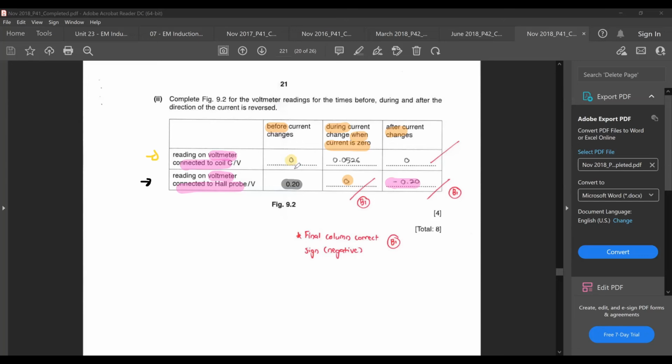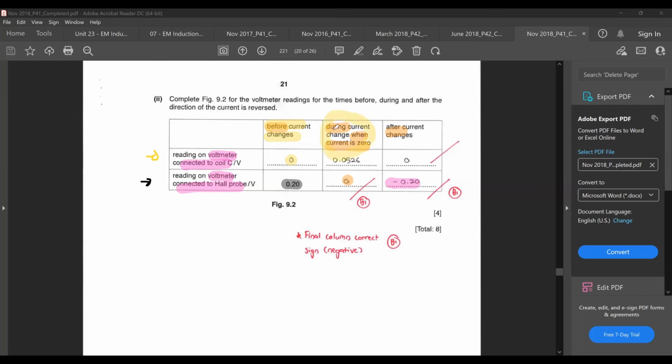EMF can only be induced when you have change in flux linkage. Before your current change, it was just constant current flowing. You will have constant magnetic field, constant flux linkage. So no change in flux linkage, no EMF induced.